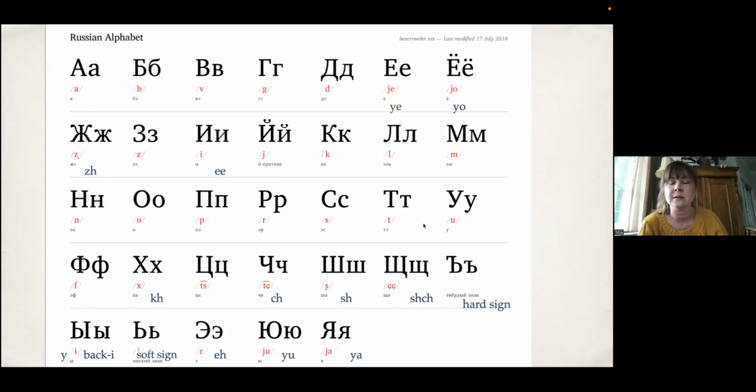It's their S. And then te, not T, but te. Like in Finnish, we say te. And then this is one of the hardest ones for English speakers to remember, because this is not Y, it is U. Like in Finnish, we say U. So not Y, but U. Just U.